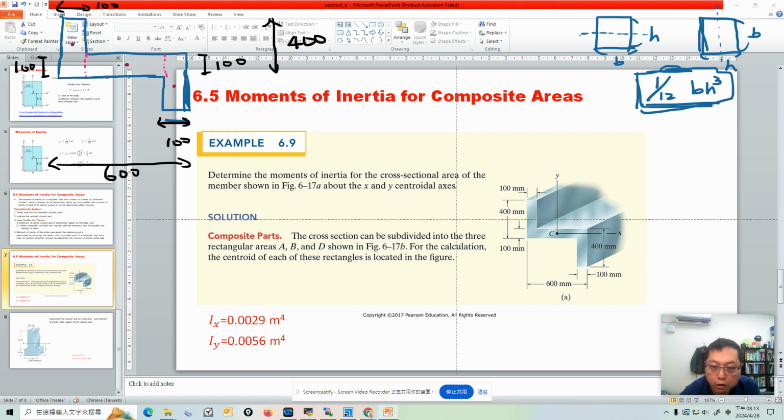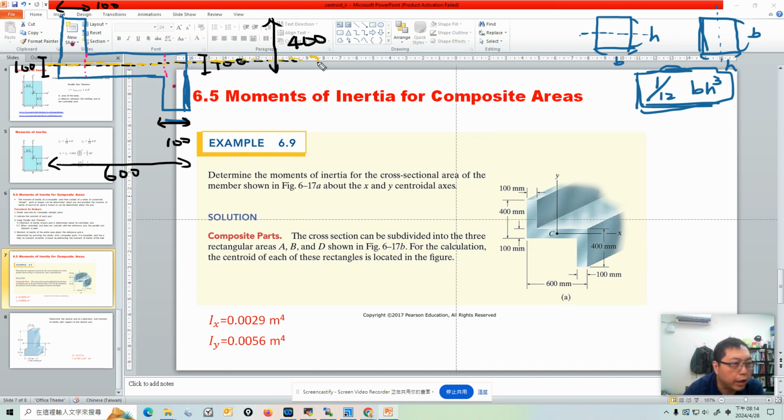Now we draw the rotational axis. Here is the rotational axis for x. Maybe I use another shade, this is better.